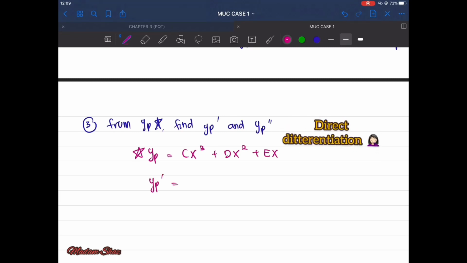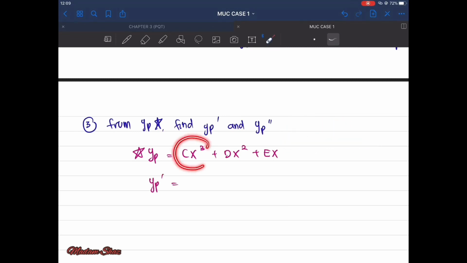So YP prime is equal to differentiate CX to the power of 3, bring the power to the front, 3CX to the power of 2. We reduce the power of 3, which is 3 minus 1, will become 2. So differentiate DX to the power of 2, bring 2 to the front, plus 2DX to the power of 1.